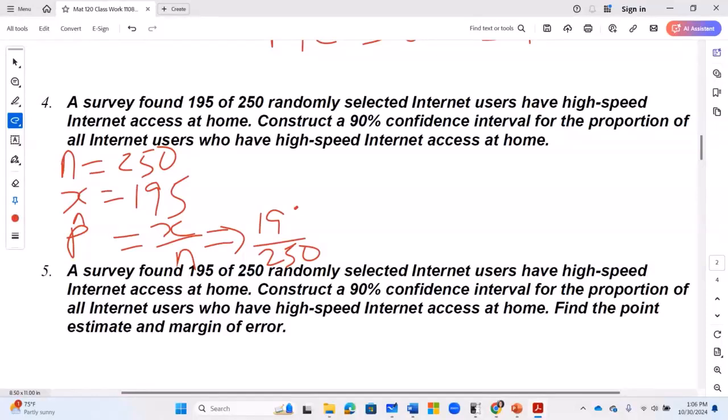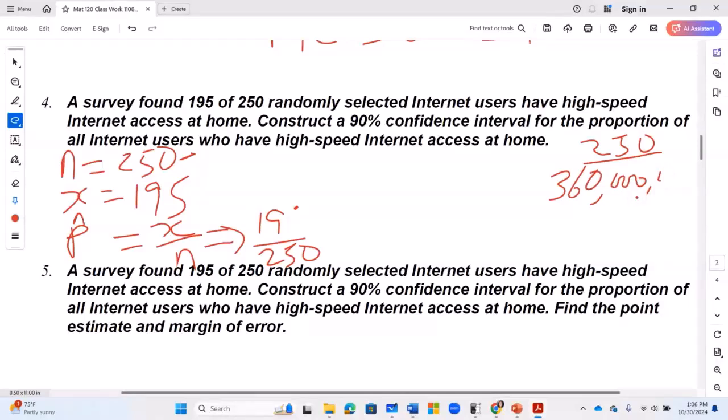But is the condition satisfied? Can I do my conversion from binomial to normal? In other words, is this sample size less than 5% of the population? Let's say that the population we are comparing with is all Americans. So 250 over 360 million, approximately.